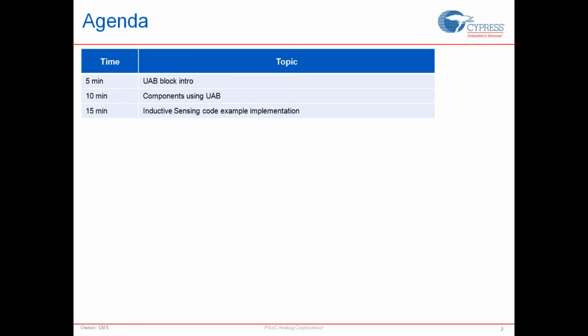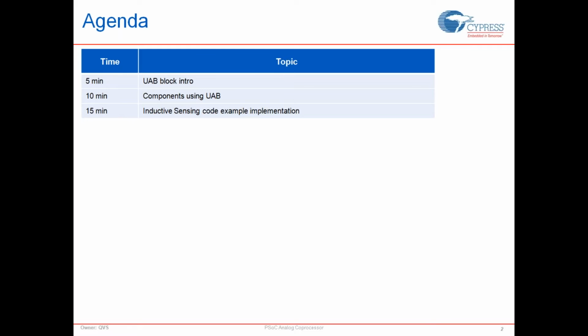So we'll go through those two components, and after that I'm going to go into a detailed discussion on the inductive sensing code example. This is a code example that is a part of the analog coprocessor kit. You can also download this from the Cypress website.